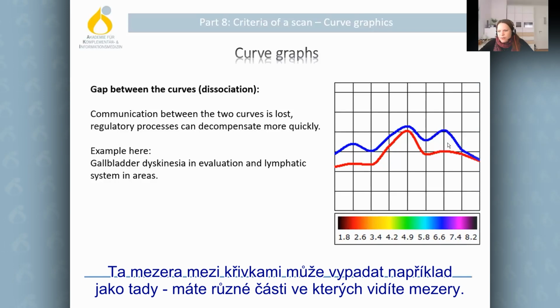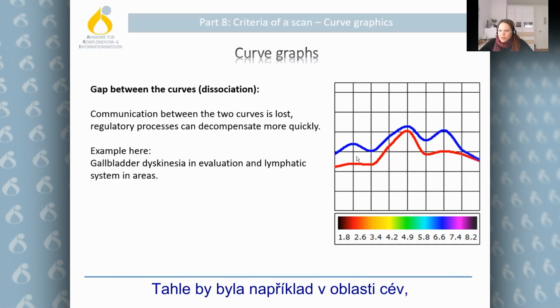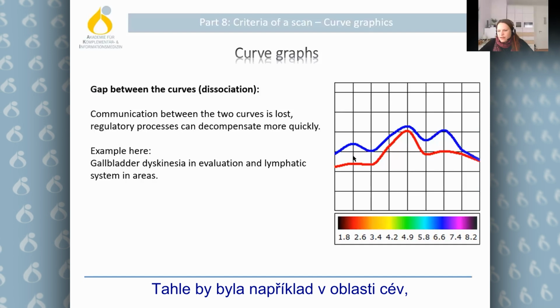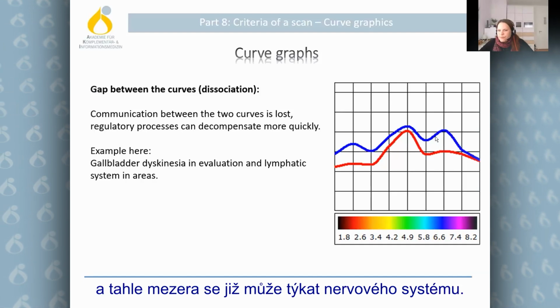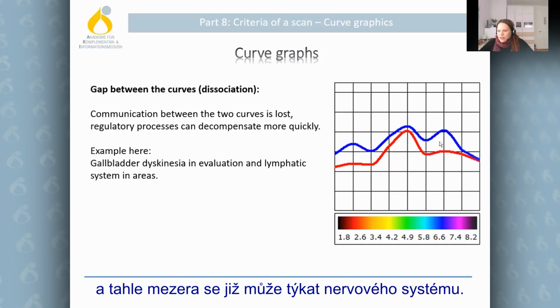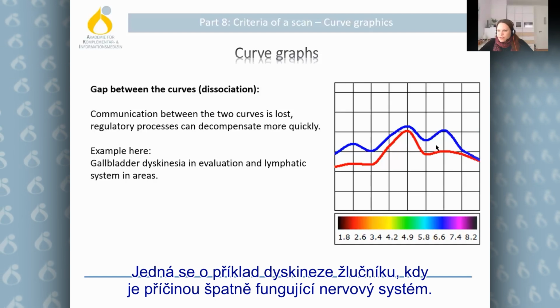You have different parts where you can find gaps. For example, this would be the vessel area, the arteries, or this can be the nervous system already. This is, for example, a gallbladder that is not working because the nervous system is not working.